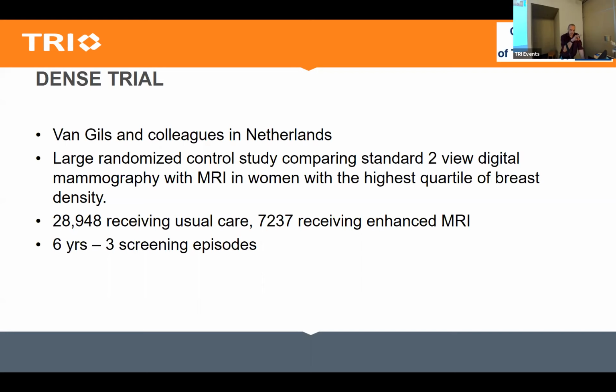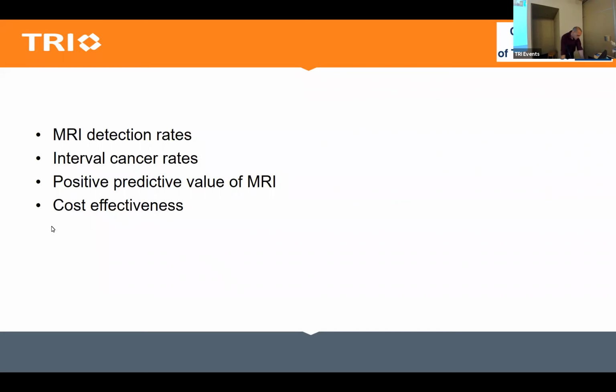So if you're comparing MRI screening to mammogram screening, what you would like to see is that you're finding fewer interval cancers in the MRI group, because you're finding them on the MRI, than you are in the mammogram group. These people have now published 2 of their 3 time points, and that is what they're finding.